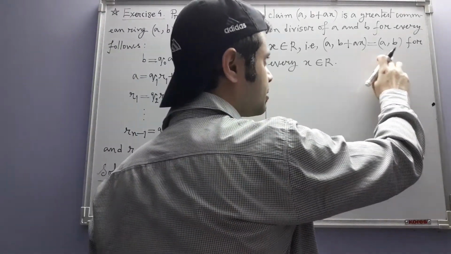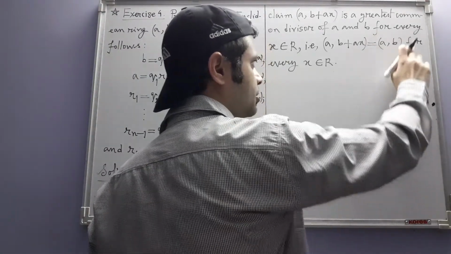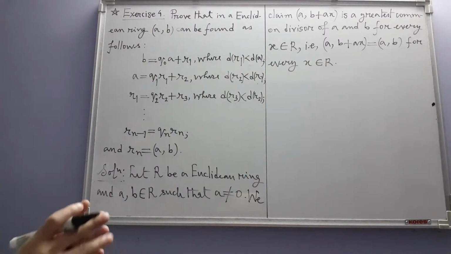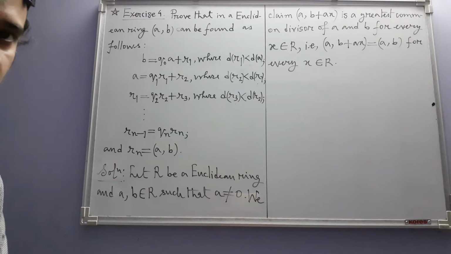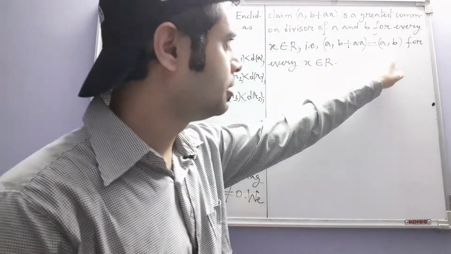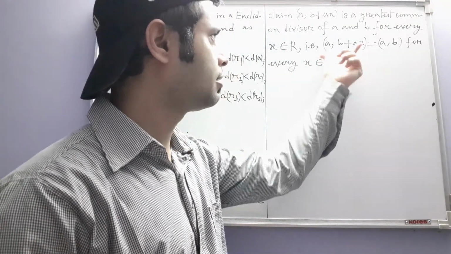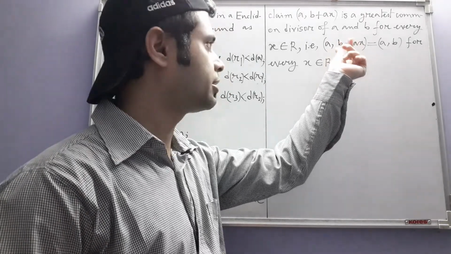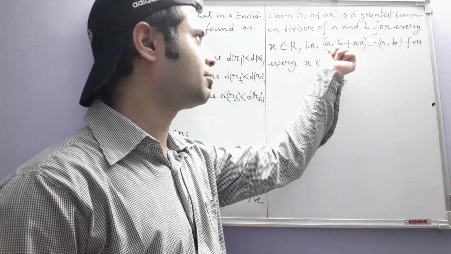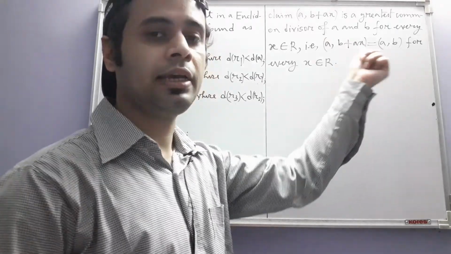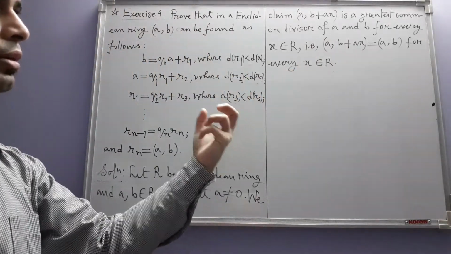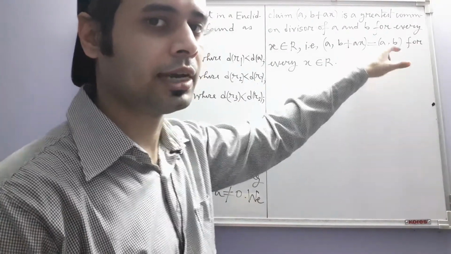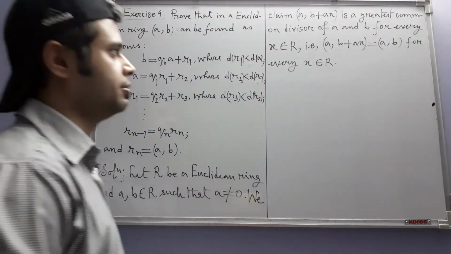So such an expression or notation does not represent a single value, it actually represents the set of all values. So what this equation is saying is that every such GCD, any value of the GCD of A and B plus AX that you take, will also belong to this set. Okay, that's what this equation is saying.